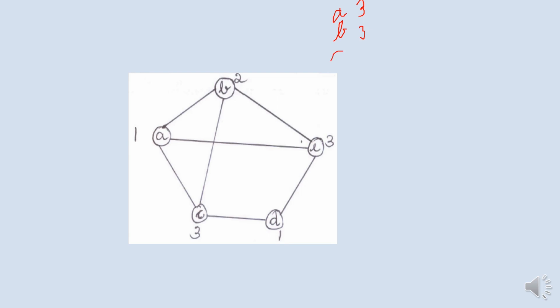For vertex C, the degree is 3. Vertex D has a degree of 2 because it has only 2 edges. And vertex E also has degree 3.